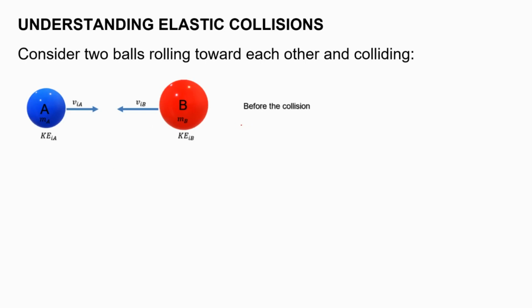It's going to be half m v squared: m for ball A and the initial velocity for ball A, then plus half the mass for B times the initial velocity for B squared. So this is the total initial kinetic energy.